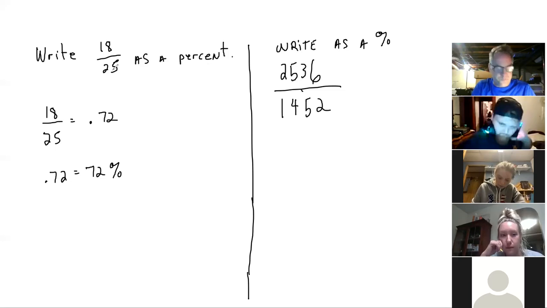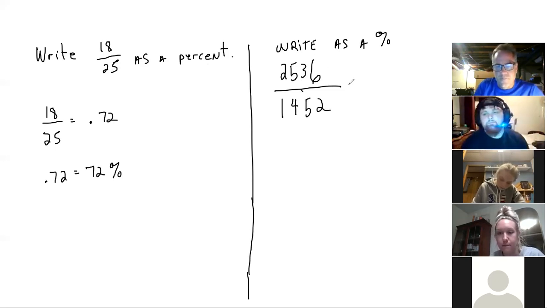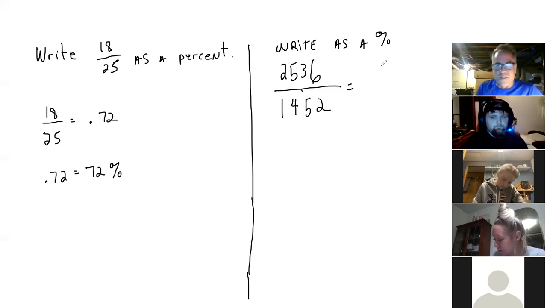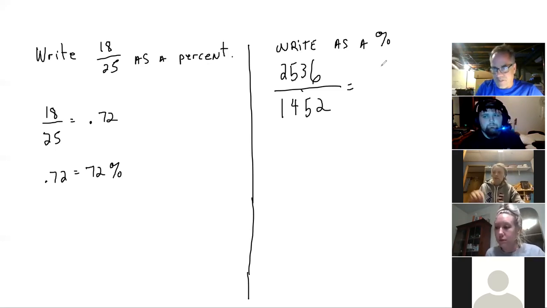But calculation wise, I'm going to do exactly the same thing here as I did here. I'm going to take 2,536 divided by 1,452. And whatever I get. Now, I would probably also say write as a percentage and round off at the tenths place.